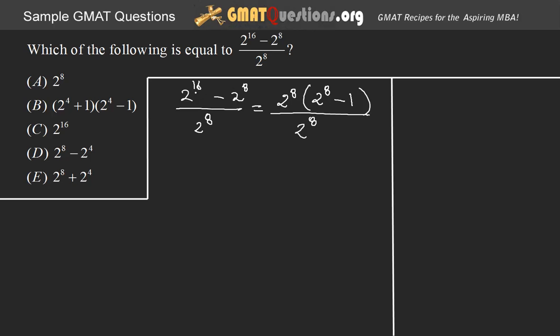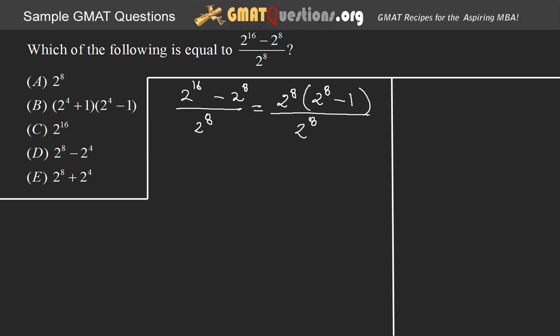I could factor out 2^16 here, but it just wouldn't make sense really. It's better to factor out 2^8 because 2^8 is smaller than 2^16. 2^8 is embedded inside 2^16. That's why in this type of factorization, you want to factor out the entity with a lower exponent. I hope I got myself clear here.